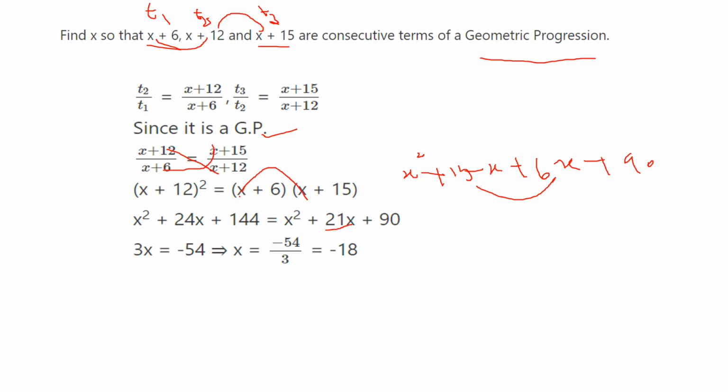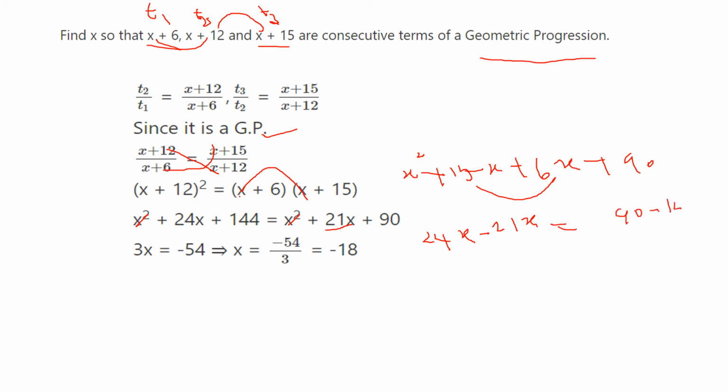So x squared on both sides we will cancel. So 24x plus 144. So here 24x, on the right hand side 21x is there. You bring it to the left hand side equal to 90 minus 144.